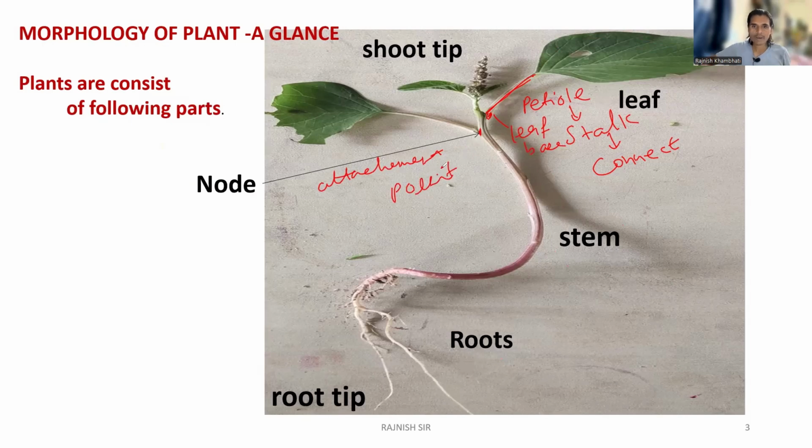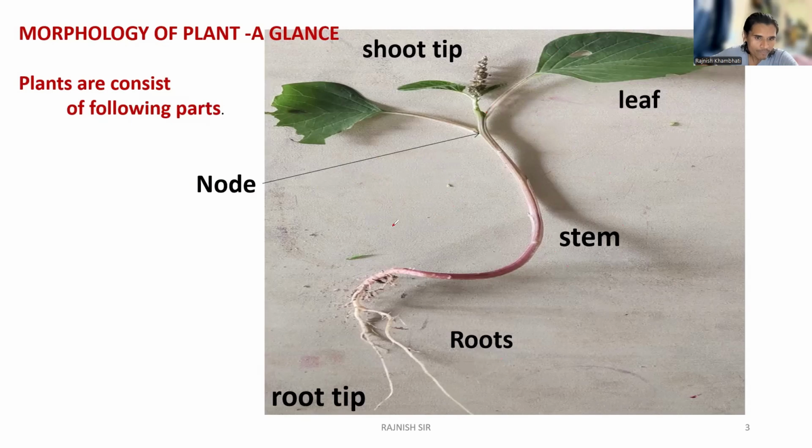The attachment point, where the leaf is exactly attached to the stem, is known as the node. So the node is a region where the leaf is attached. The region between two nodes is known as the internode.